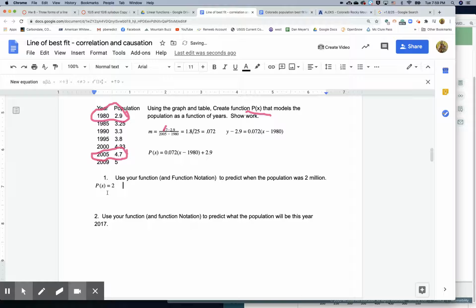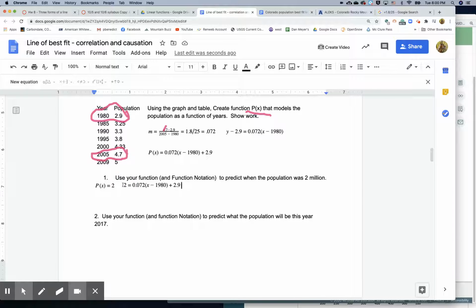Therefore, 2 equals 0.072 times x minus 1980, plus 2.9. So now I'm going to need to solve this equation, right?